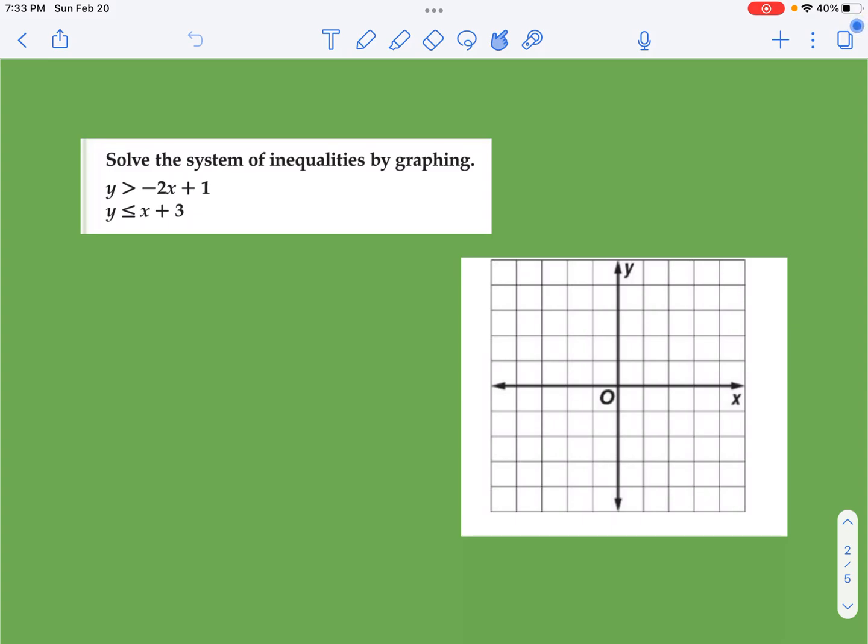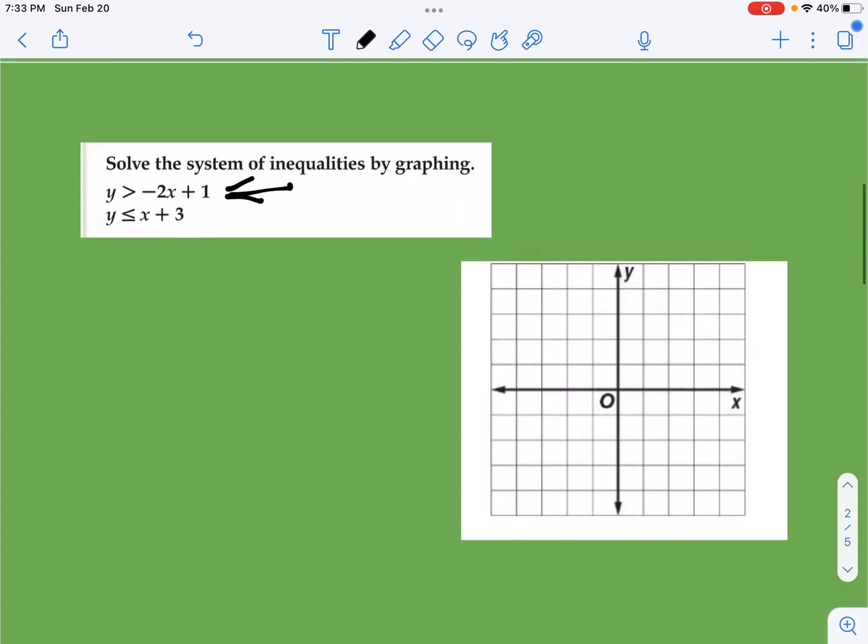So we're going to start with our first equation, which is y is greater than negative 2x plus 1. So we look at that and we interpret that my slope, so we've got y is greater than negative 2x plus 1. So my slope is negative 2, and my y-intercept, which is b, is positive 1.